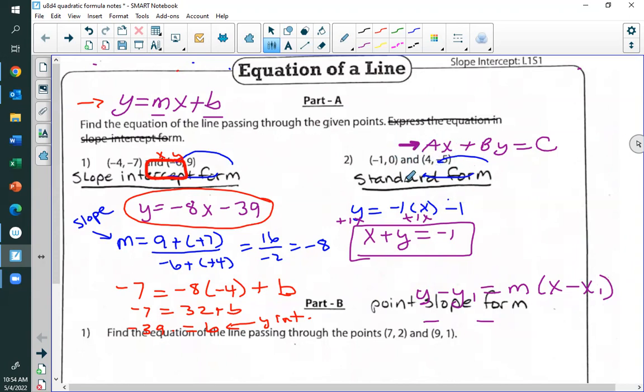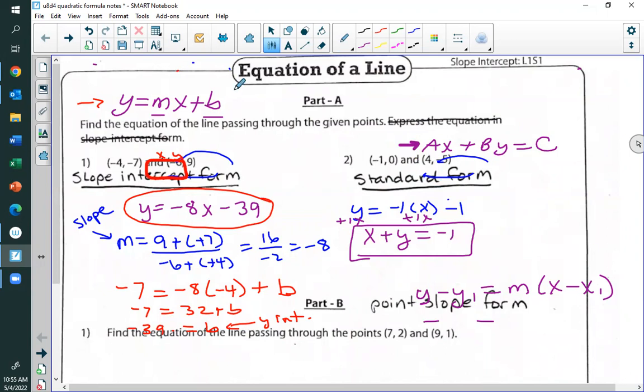I typically revert back to slope intercept form. It is my personal favorite. But if they had given you slope and a point, you would want to use point slope form just because that's more efficient. However, you can put it into an equation and then rearrange your equation so that it's standard form.